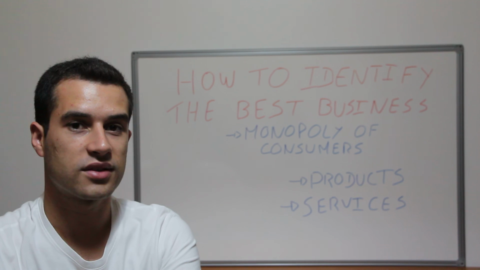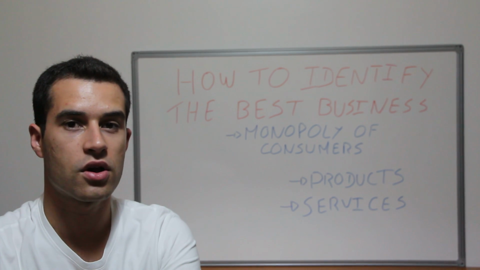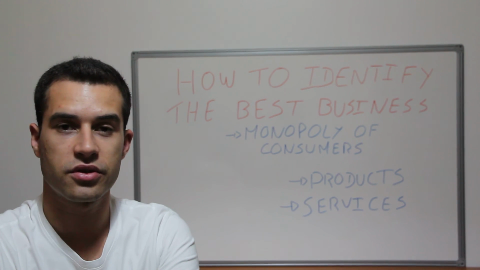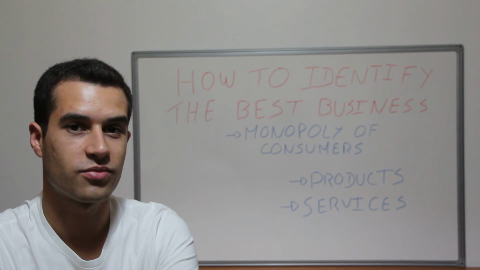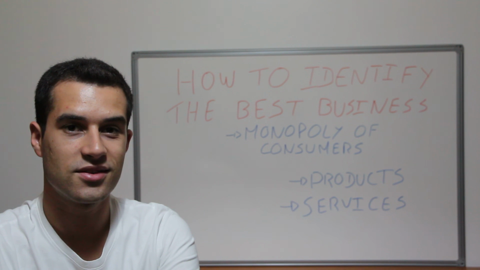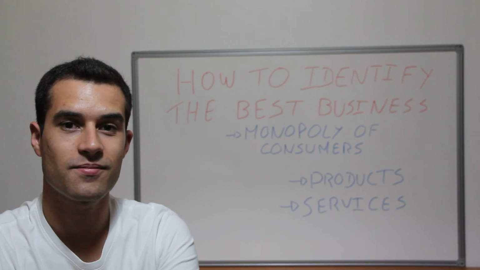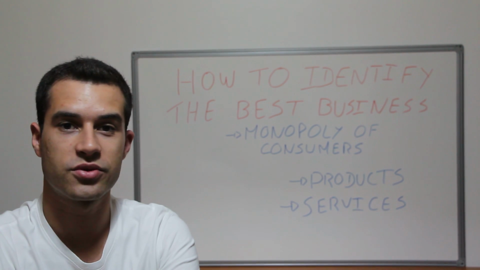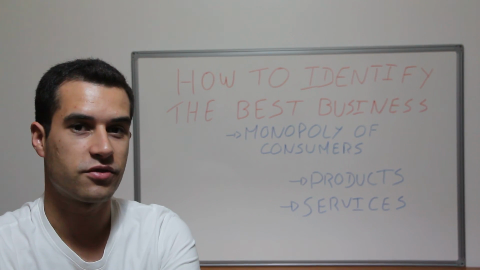If you had access to all of these, could you compete against Coca-Cola or against McDonald's? You probably couldn't. And if the answer to this question is a solid no, then you might as well just find a company with a monopoly of consumers, and those are the best companies for you to invest in.